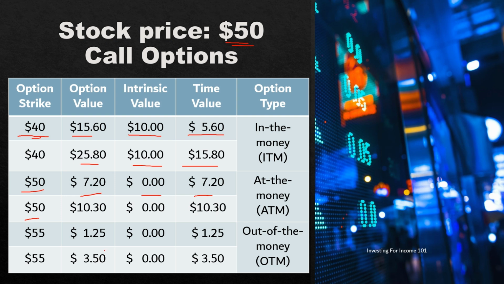For out of the money options, for example if the option strike is 55, which is above the stock price of 50, again the intrinsic value is zero. The option is not in the money at all, so the time value and the option value are the same. So for at the money and out of the money, the option value and the time value are the same, and for in the money, we just subtract the intrinsic value from the option value.